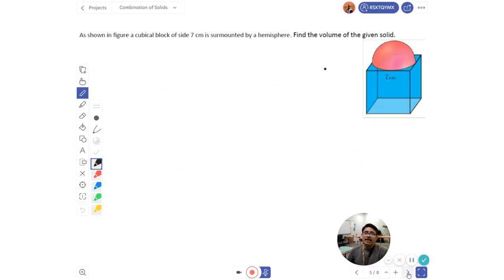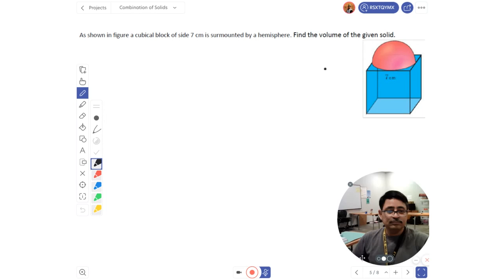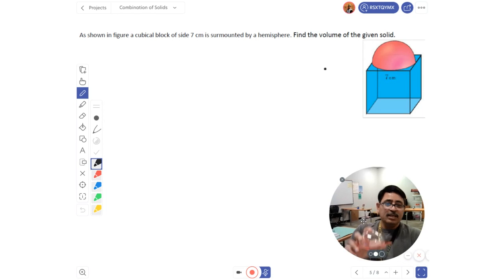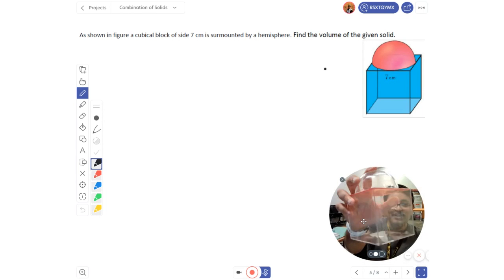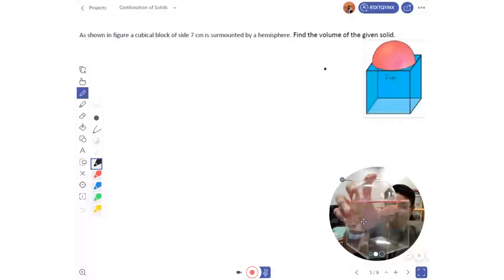As shown in the figure, a cubical block of size 7 centimeters is surmounted by a hemisphere. So here, look at this one. Please see, is this resembling the above diagram? Right?